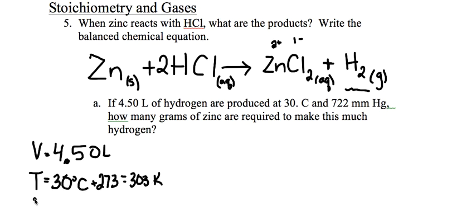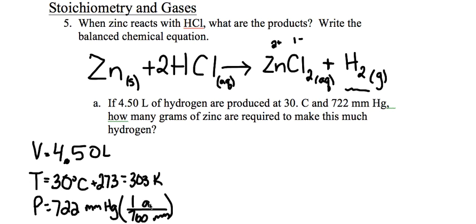It was collected at a pressure of 722 millimeters of mercury, and as we have worked with in the past, millimeters of mercury doesn't really match the constant that I'm going to be using. So I want to convert. 760 millimeters of mercury are equivalent to 1 atmosphere of pressure.